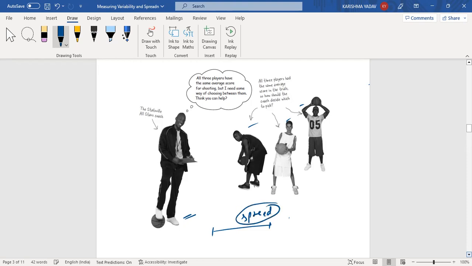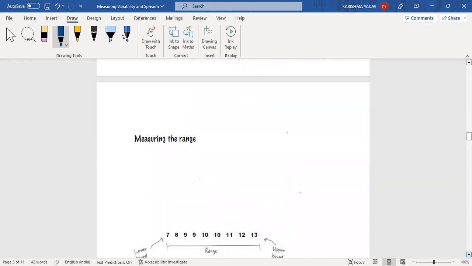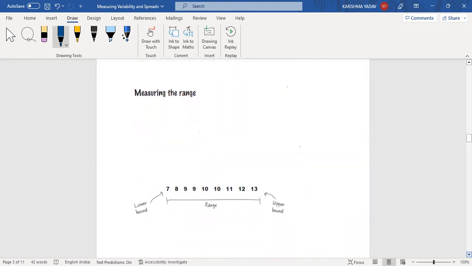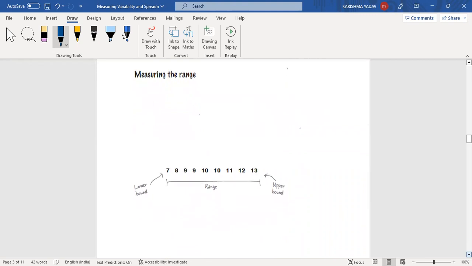Now, talking about the spread of the data, let's talk about the range. We are going to use the range to differentiate between data sets. Let's see what the range is and how we measure it. We can easily do this by calculating the range. The range tells us over how many numbers the data extends.